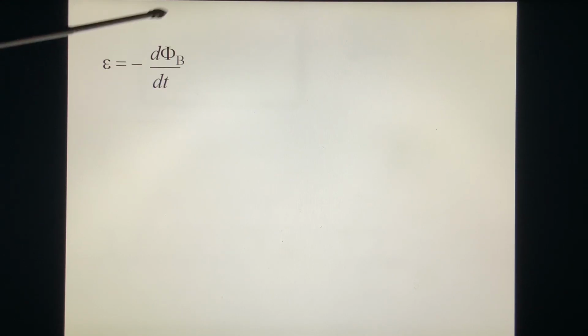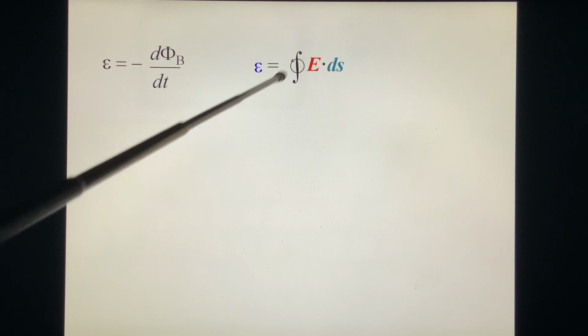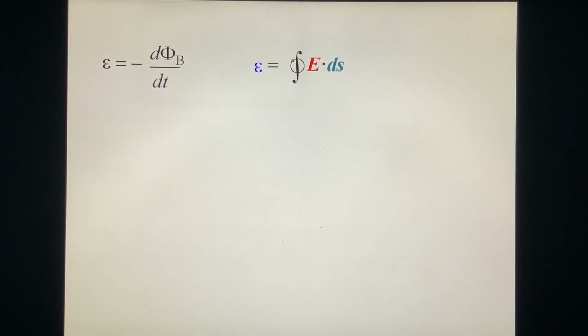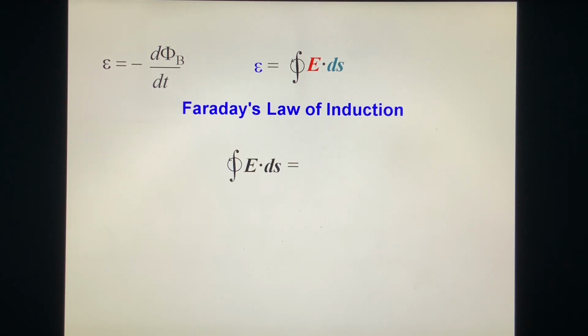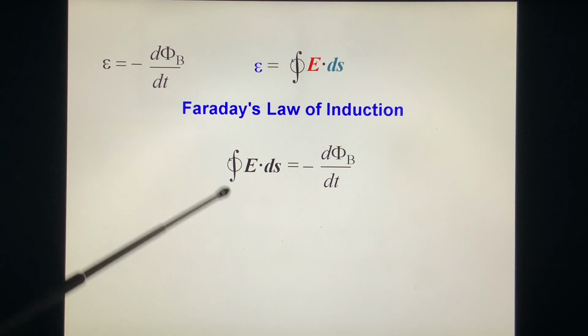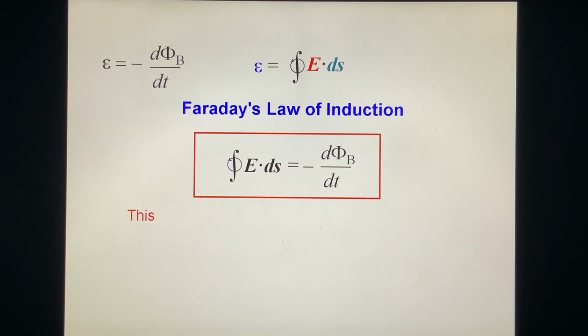Epsilon equal to minus d phi dt is the original Faraday's law. We just found epsilon equal to the integration of E dot ds, a new concept. So we put this in, and we get Faraday's law of induction: the integration of E dot ds equals minus d phi dt.